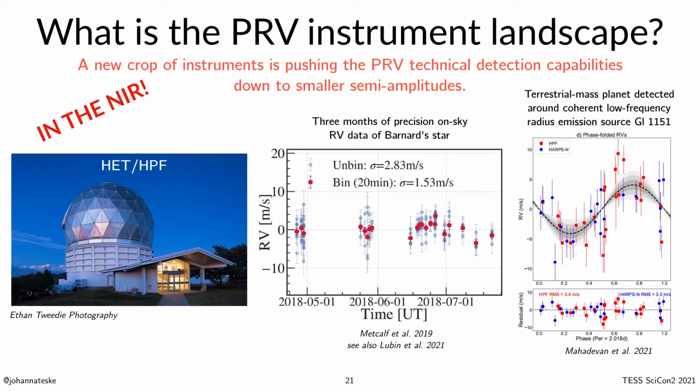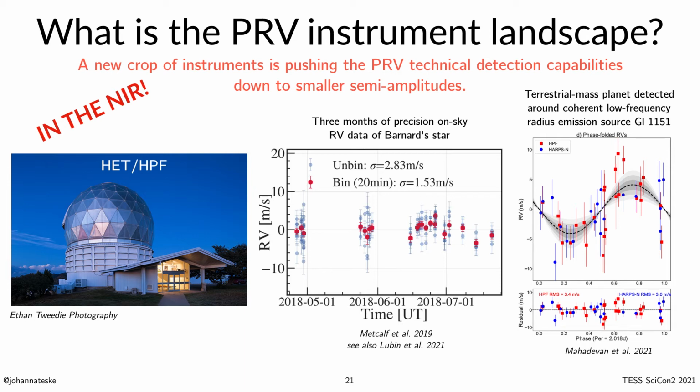And then finally, moving even farther, like really into the near infrared, there's the Habitable Planet Finder at the 10 meter HET in Texas, also PI'd by Suvrath. And this is now covering kind of Z, Y, and J near infrared bands at a resolving power of about 55,000. Again, really optimized for M dwarfs, where they have the most light, and detecting habitable zone Earth-like planets around these M dwarfs.